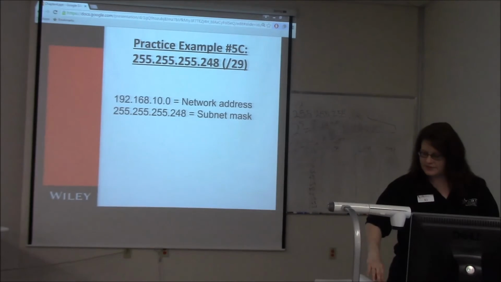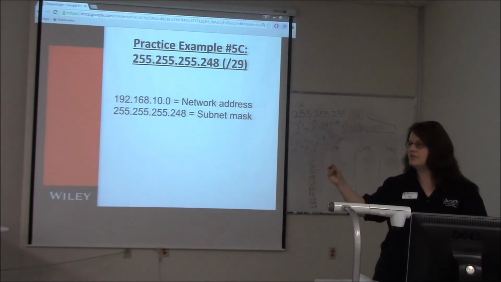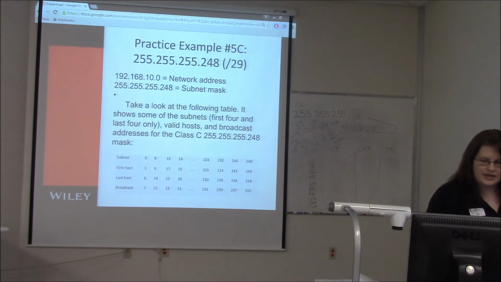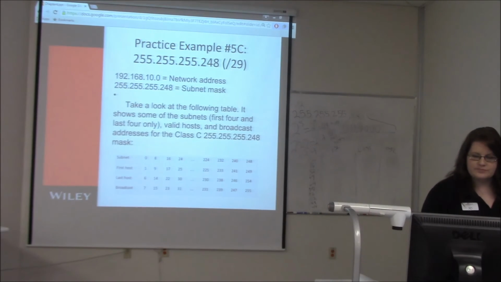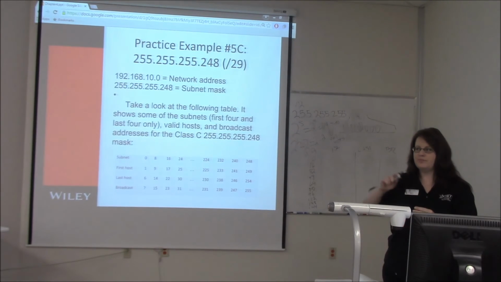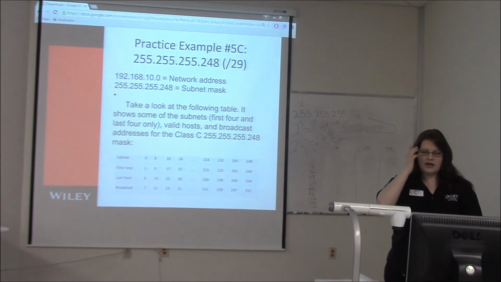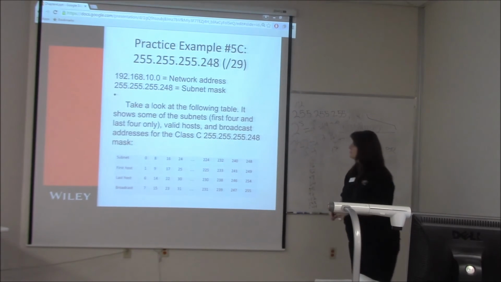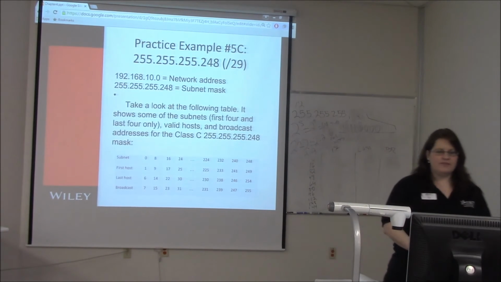And in the book, they detail every single piece of this. So if you have trouble understanding where that math is coming from, you can look there. For a /29, here we keep adding another bit. We see that our subnets are now down to 8 as an increment value.